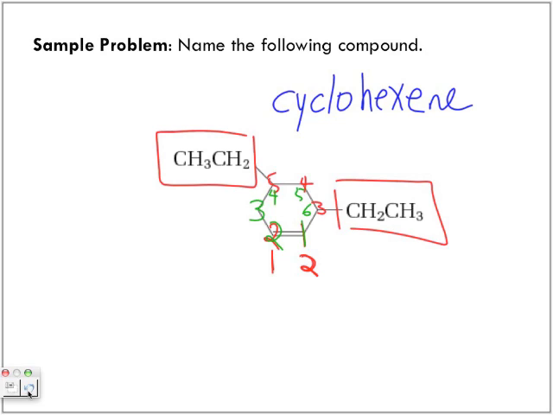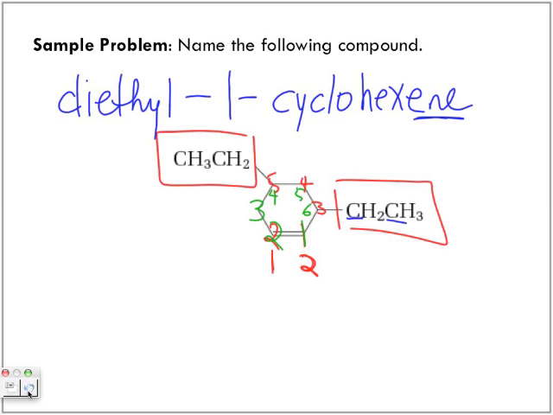Where is the ene, the double bond, located? We've got 2 ethyls, 2 carbons, so we've got a diethyl branch.